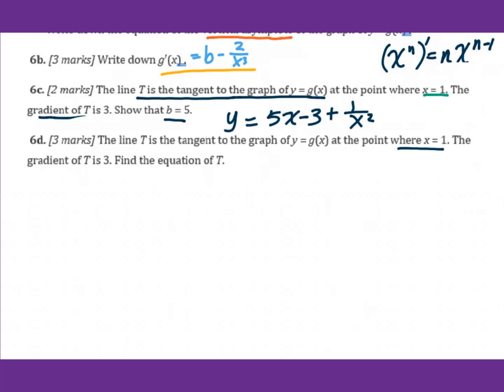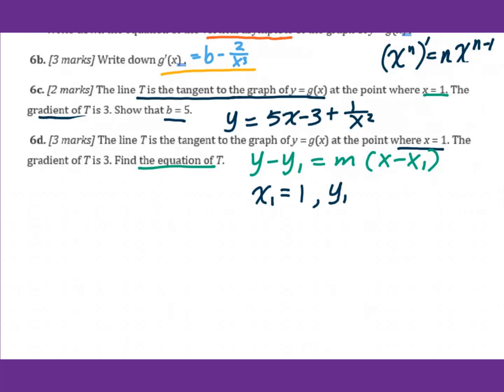To figure out the equation, we use y minus y1 equals m times x minus x1. We got x1 equals 1. For y1, you have to plug into the original g function: 5 times 1 minus 3 plus 1 over 1 squared. You will get 3.